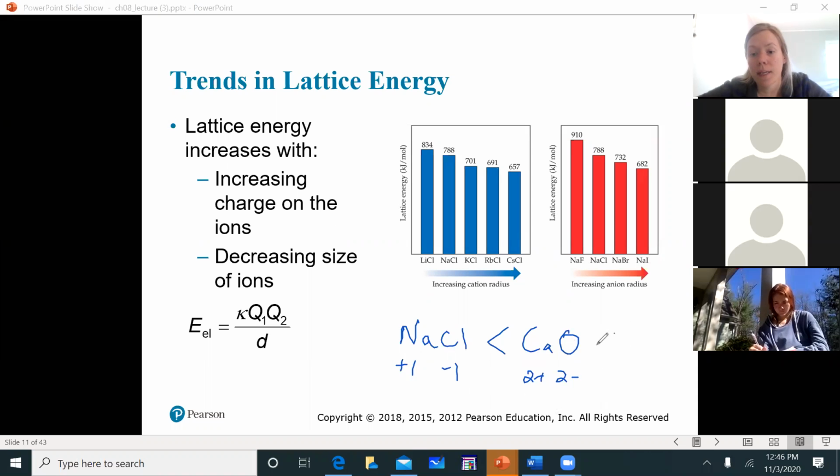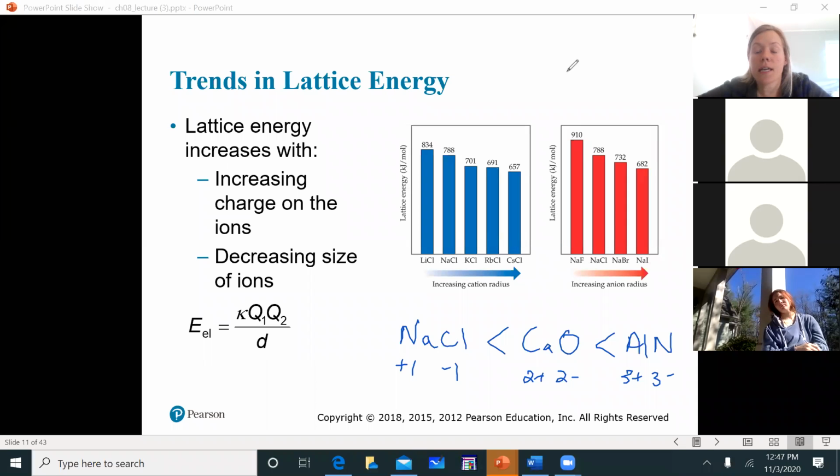We could even throw another one in here: a really big lattice energy would be aluminum and nitrogen, 3+ charge and 3- charge, right? That has a really strong magnet, 3 times as big as these. So this is going to be really, really hard to pull apart. So we expect to see lattice energy increase as our charge increases.